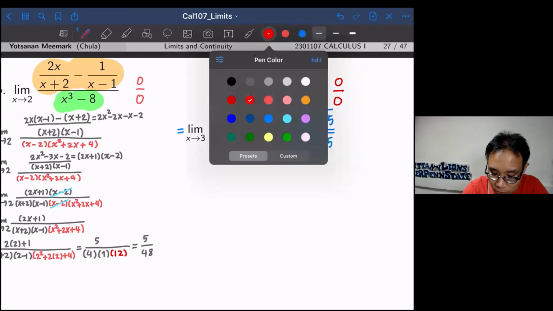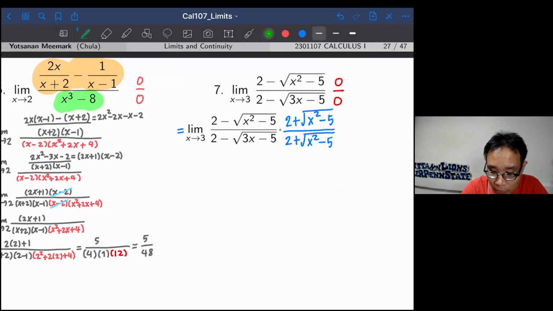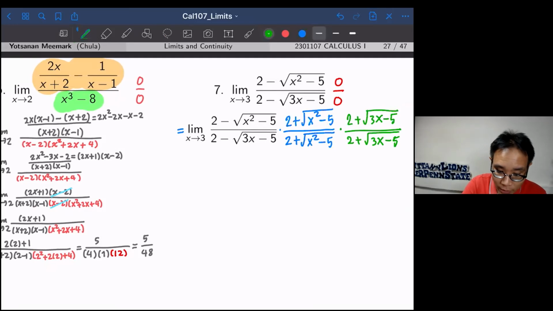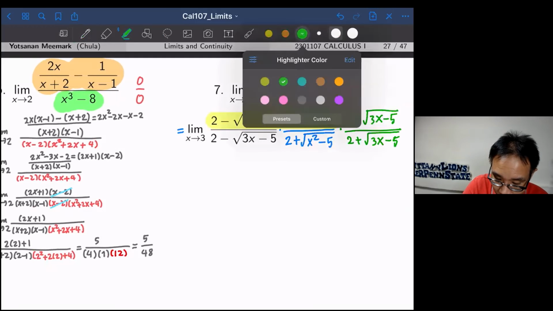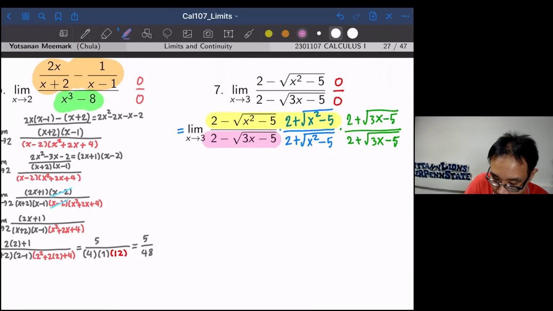And also, you're going to multiply to get rid of the bottom guy, so you're going to multiply by 2 plus square root of 3x minus 5. You multiply this one, and you see that you are able to combine the yellow guy together, and you are able to combine the pink guy together.